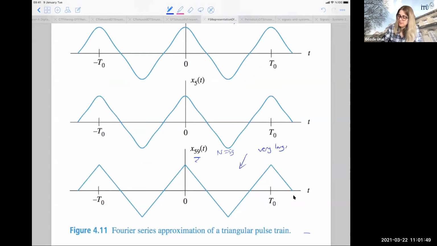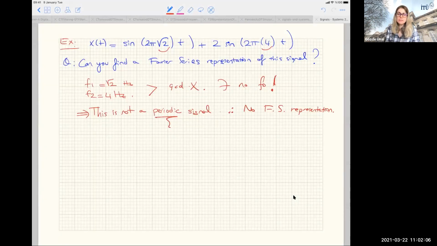Seeing this, very large AKs are almost 0. So I really have a good representation, but this won't be the case for a square wave. I'll probably show that somewhere else, but I will also show you the spectrum of this one.